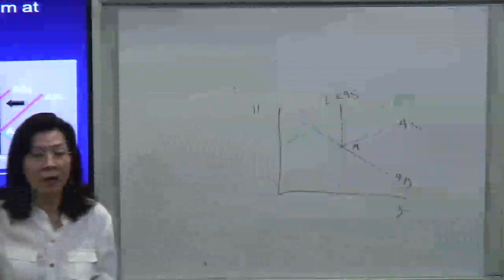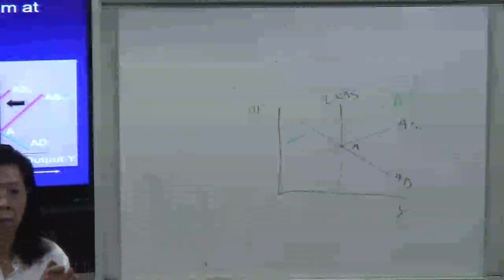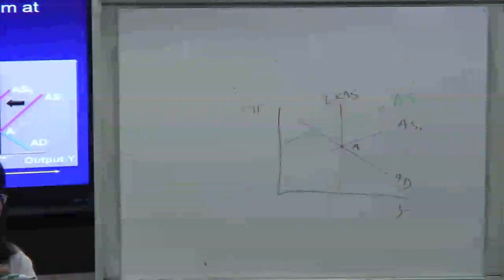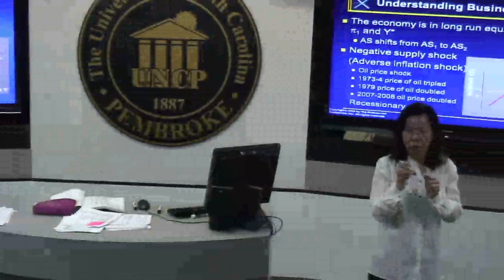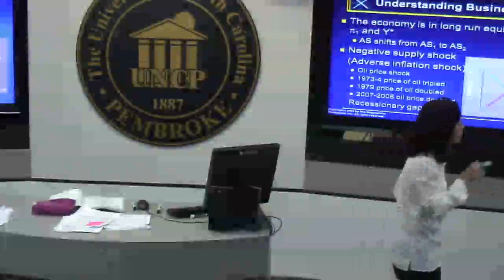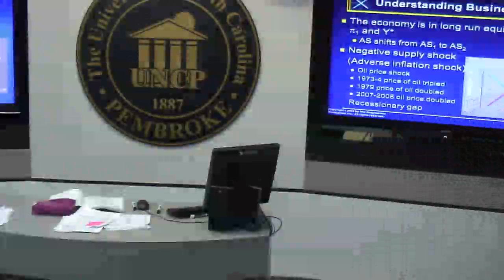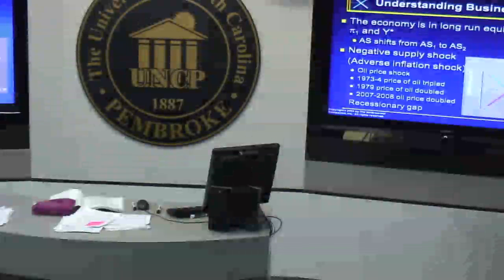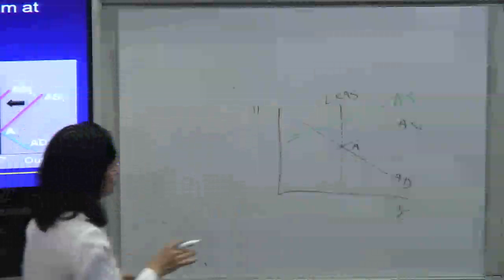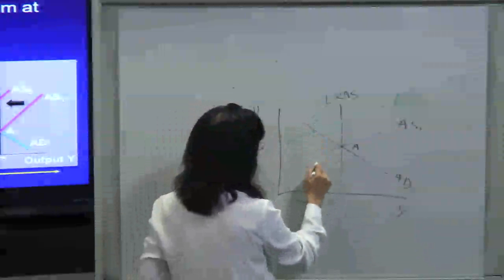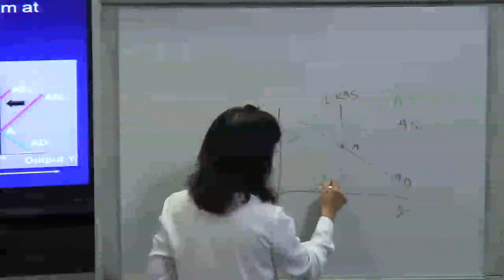This is the one when you drive to the gas station, you saw like, oh, whoa, $5 per gallon. Okay, forget it. Let's go home, and switch to bicycle, something like that. Okay, so this is not so good because this is your adverse inflation shock. So AS curve shift up at point B. So you have the same scenario here, then you have your RG.